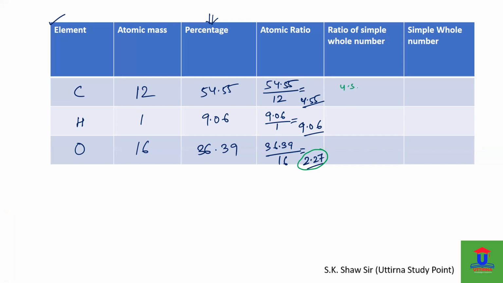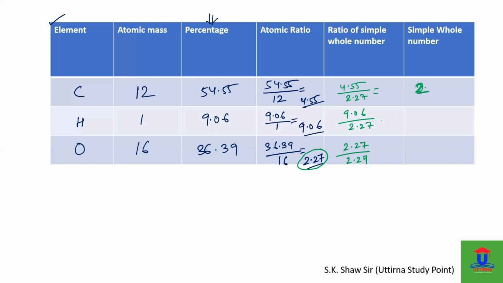So 4.55 divided by 2.27, 9.06 divided by 2.27, and 2.27 divided by 2.27. And now the answer: 4.55 divided by 2.27 is approximately 2.